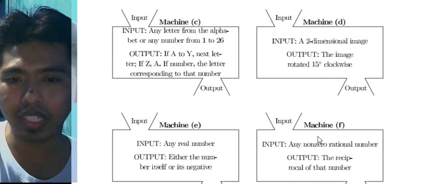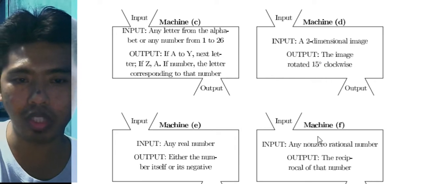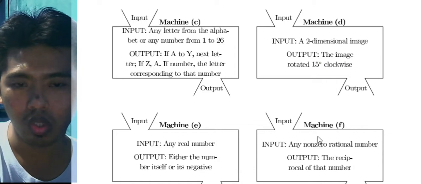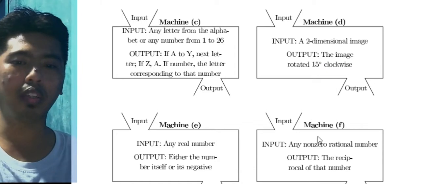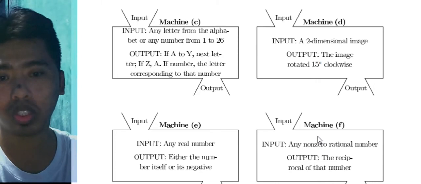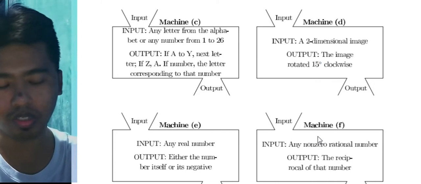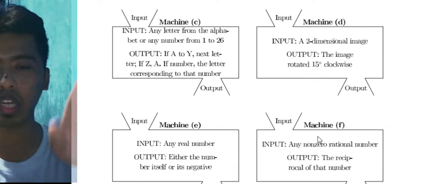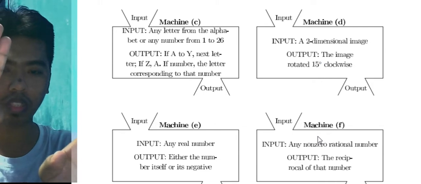So machine D: the input is a two-dimensional image. The output is the image rotated 15 degrees clockwise. Anything that is a two-dimensional image, let's just say any picture, just rotate it 15 degrees clockwise.